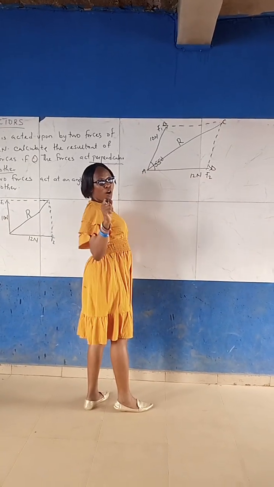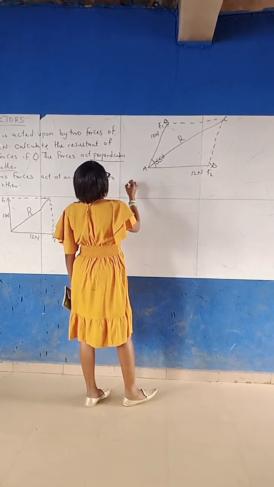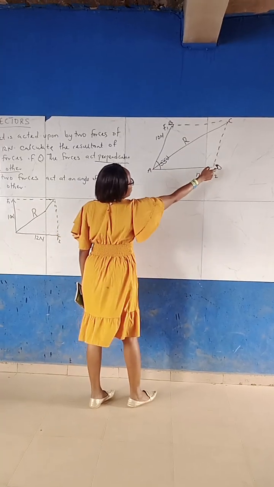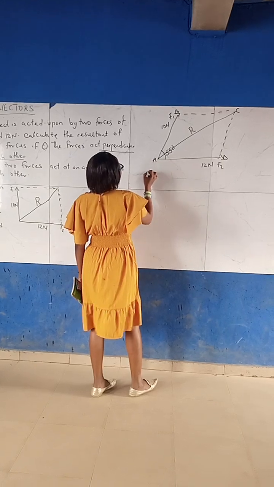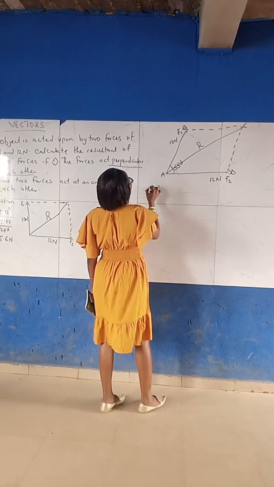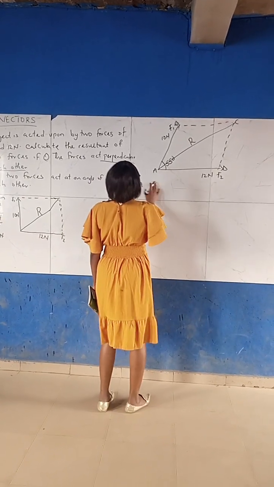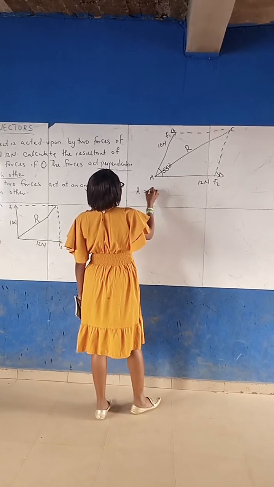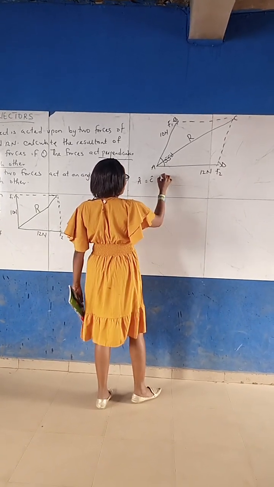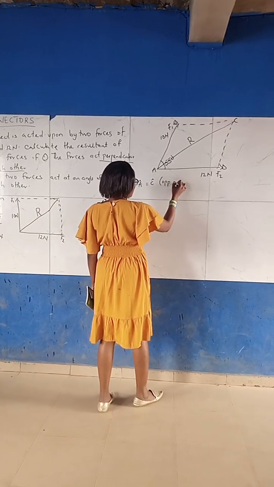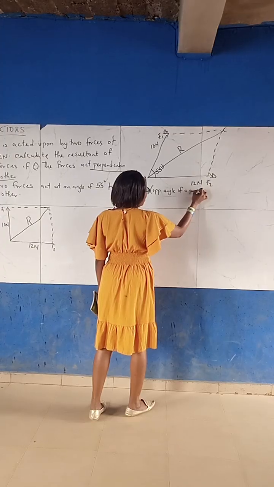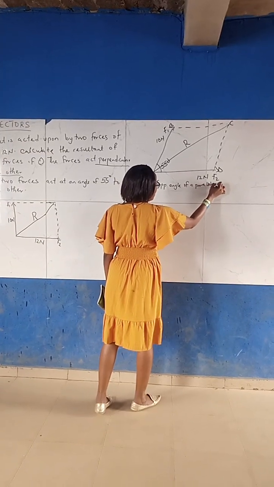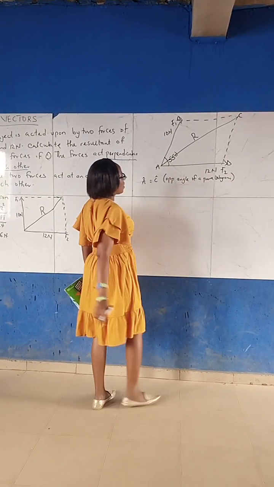Why? Because they are opposite angles. Angle A equals angle C. Reason: opposite angles of a parallelogram.